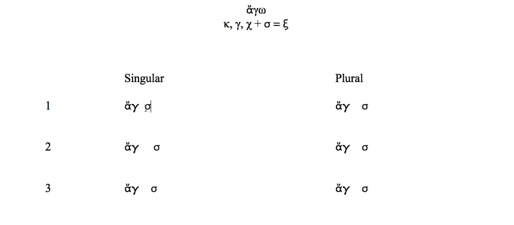And now, like the previous example, we have that problem. We have a gamma combined with a sigma. When we have the gamma plus the sigma, it becomes a xi. Let's go ahead and fix that.